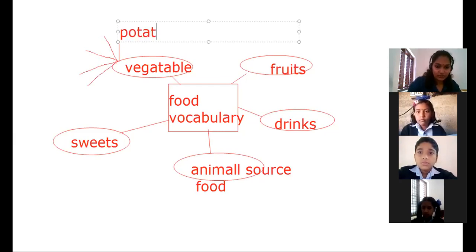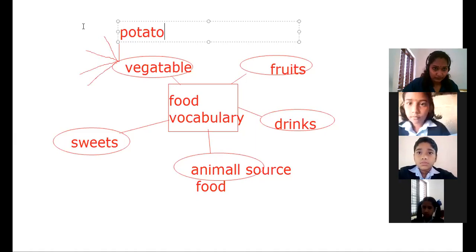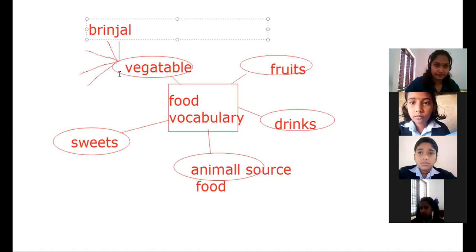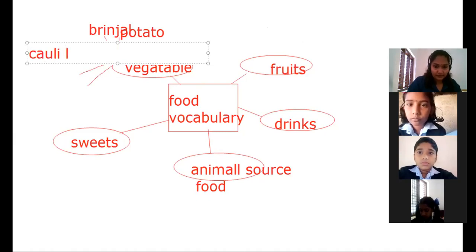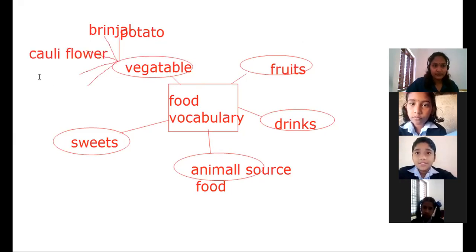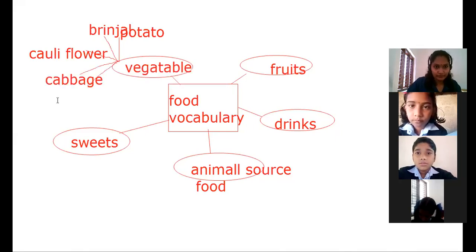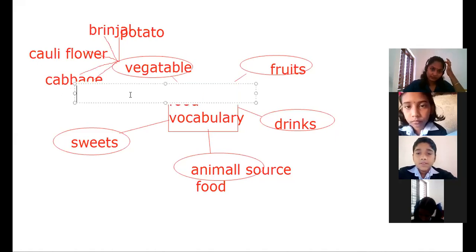Let me write potato, brinjal, cauliflower, then chili. Okay, it goes like that.